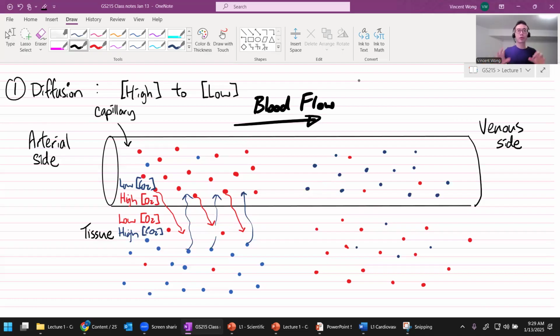That's why the blood turns from red to blue as it passes through the systemic capillary, because you're losing the oxygen to the tissue, and at the same time, you are picking up carbon dioxide from the tissue. Of course, this is going to be opposite if we are looking at capillaries at the lungs. Okay, so I'm going to give you a moment to catch up. Please let me know if you have any questions.